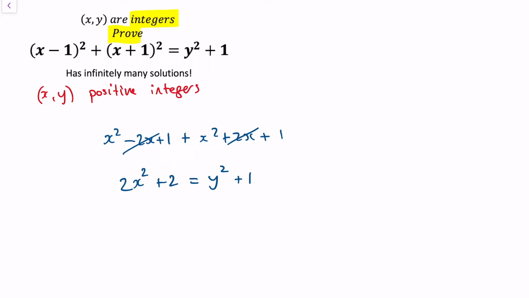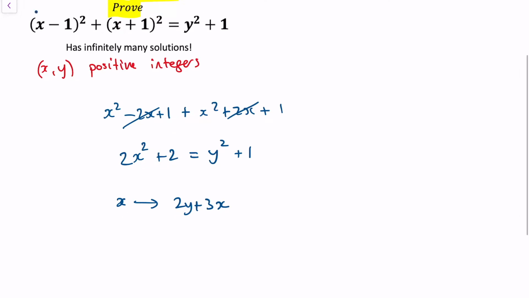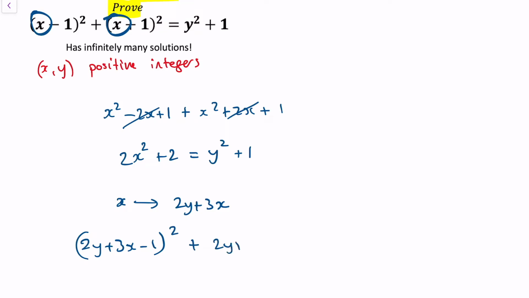And one way to do that is, if we let x go to 2y plus 3x, let's see what we've got. So in other words, if we replace x here and there by 2y plus 3x, since x is an integer and y is an integer, there is nothing wrong with the substitution. We will have (2y plus 3x minus 1) squared plus (2y plus 3x plus 1) squared.